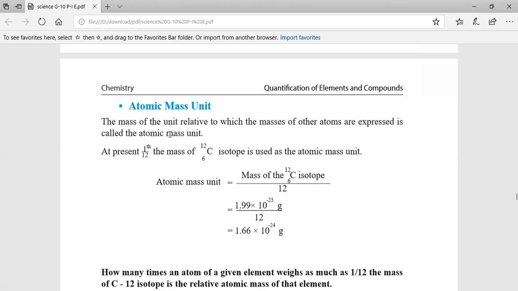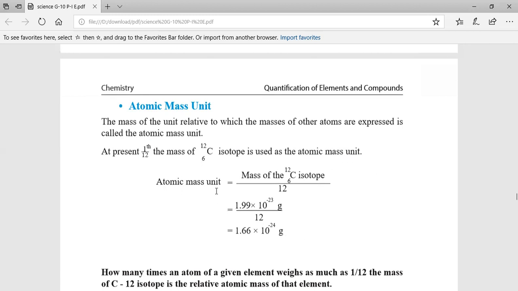The unit relative to which the masses of other atoms are expressed is called the atomic mass unit. At present, 1/12 of the mass of the carbon-12 isotope is used as the atomic mass unit.